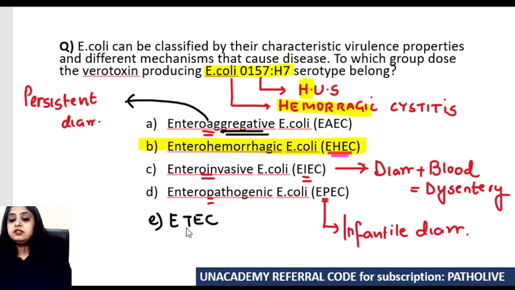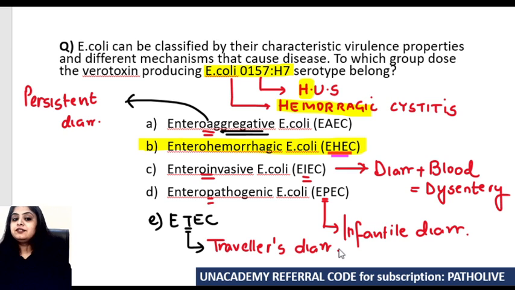So enterotoxigenic E. coli causes T for T. That is, this is associated with the traveler's diarrhea. So I think the words themselves become pretty good mnemonics, and the answer to this question was second, EHEC, and the strain that you have to learn is O157H7.